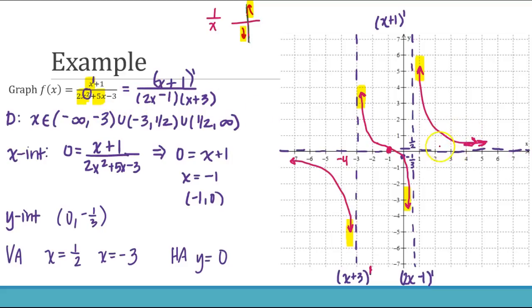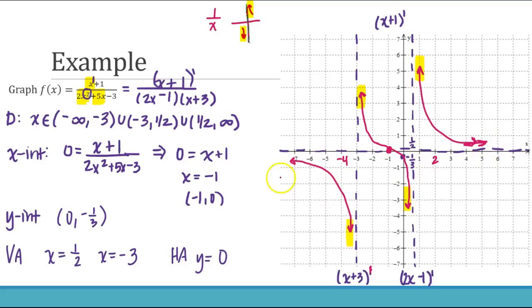Again, if I didn't understand this asymptotic behavior, I can always substitute in values. So over here, you could have substituted in, let's say, 2 into the original function, regular or factored version. Factored version would probably be easier. And what would happen is we'd get out some positive number. And that would tell us that it's this piece that's above the x-axis.